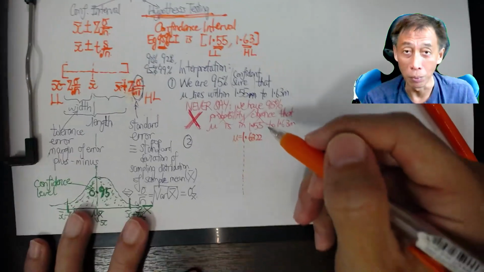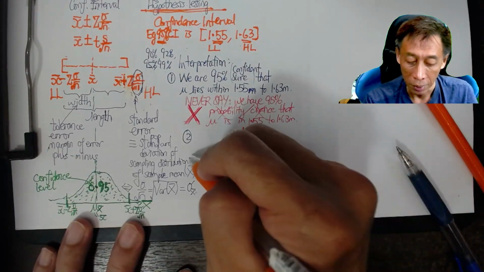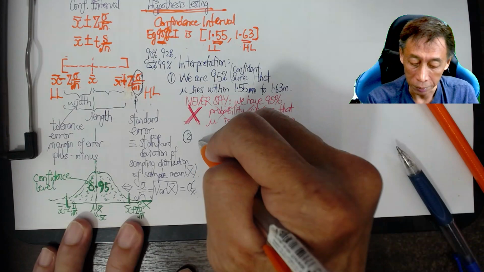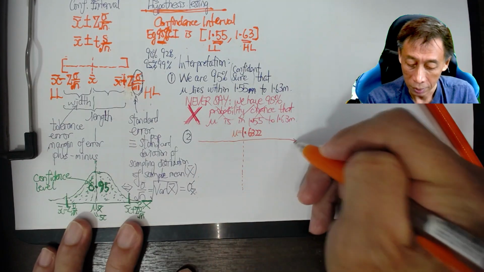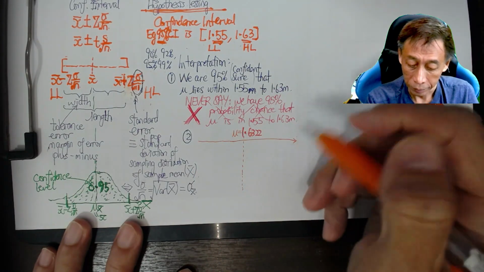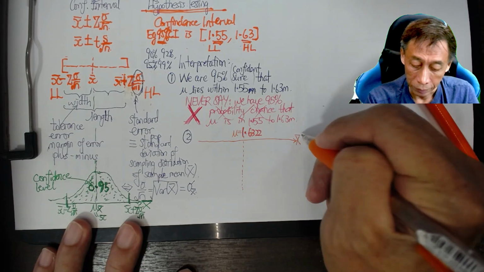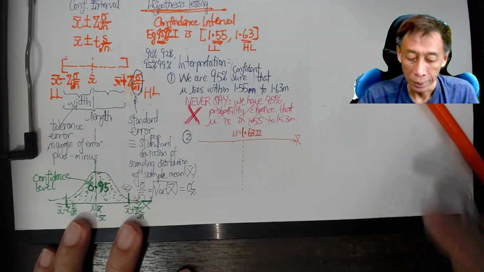Okay, so mu is there. Mu is this number on the x-bar axis.